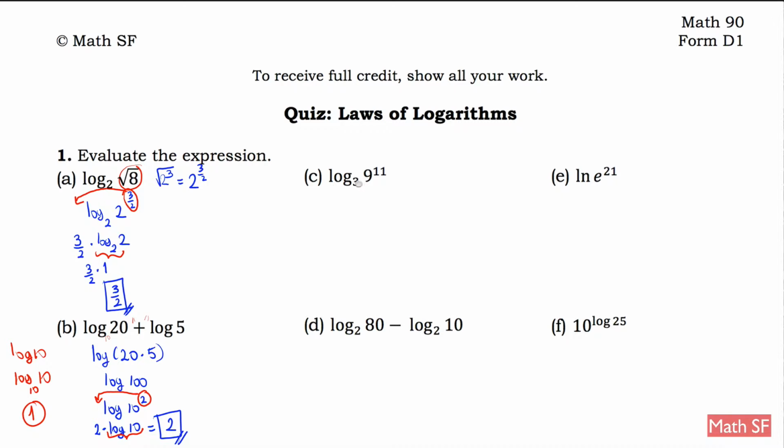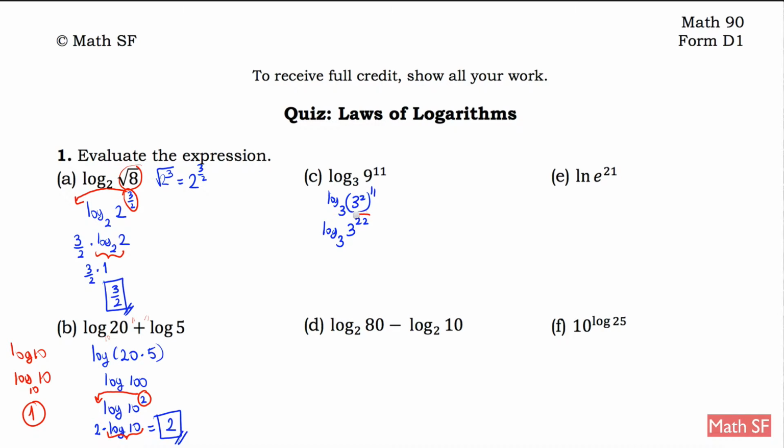Now let's do the next one: log base 3 of 9 to the power of 11. Remember the 9 is actually 3 squared. So if I rewrite that, log with base 3 of 3 squared, all to the 11 power. Using my log exponent laws, it will be log base 3 of 3 to the 22.